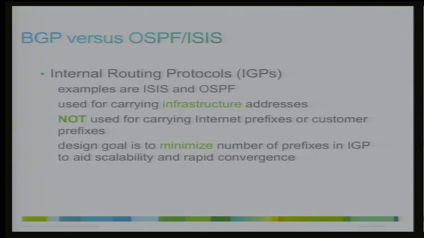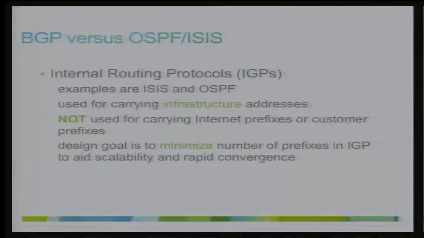So it's typically either ISIS or OSPF. And which one is better? That's typically a religious question. Whoever uses it, they use it because it is much better for them in general.